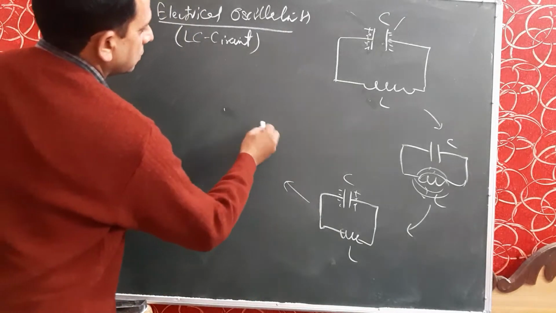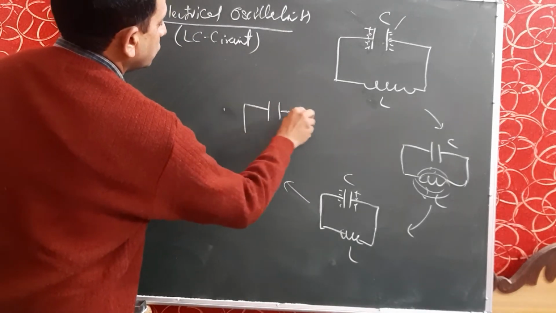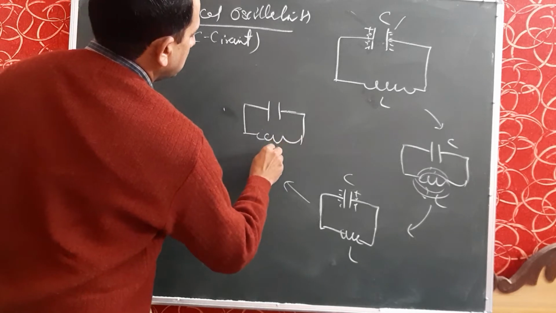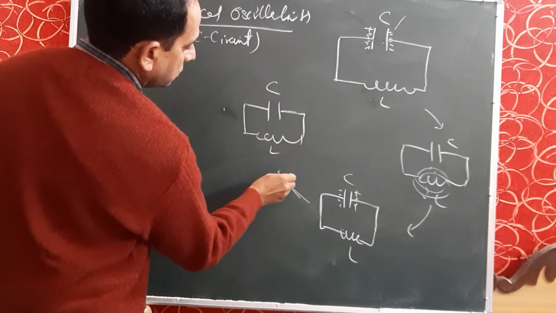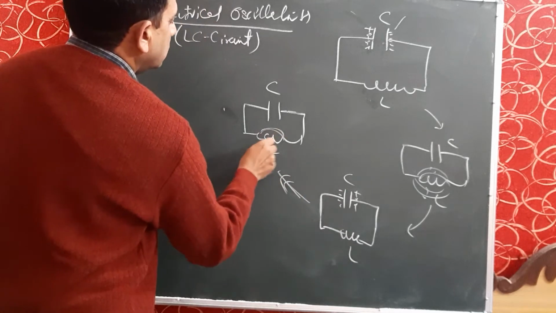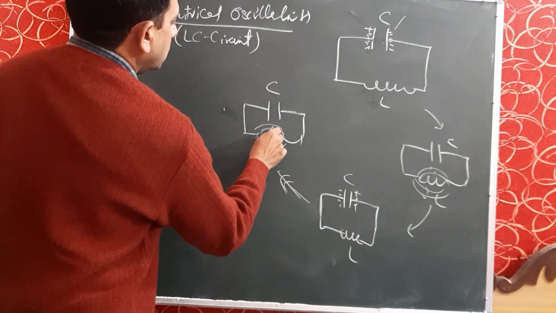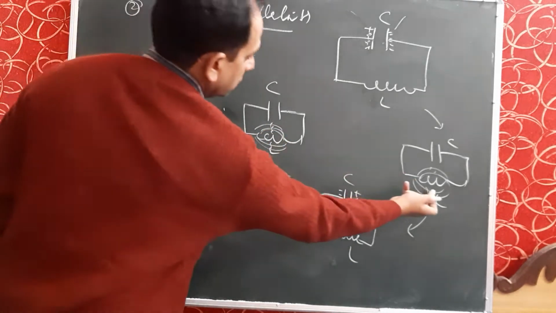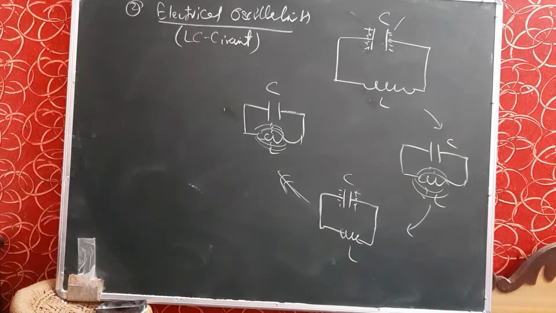In the fourth step, again the capacitor is discharged and the inductor is again charged, but also in reverse order, opposite to the previous case.